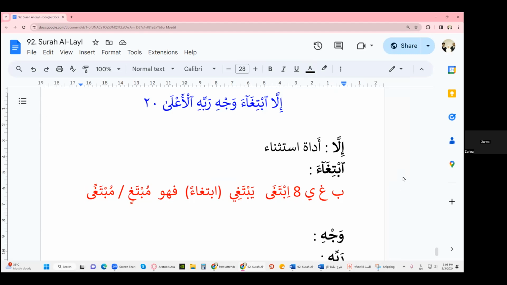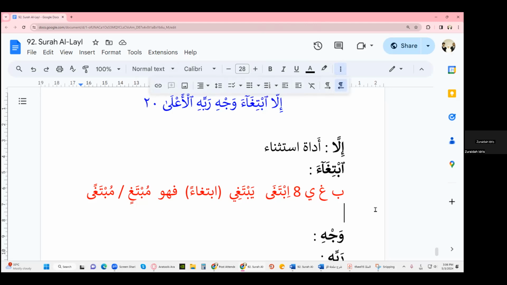Okay. So now we have ibtigha'a. What is the status of this particular word? Well, what is it in the first place? So it is the mustasna. Is it an isim or a fi'il? This must be a fi'il.